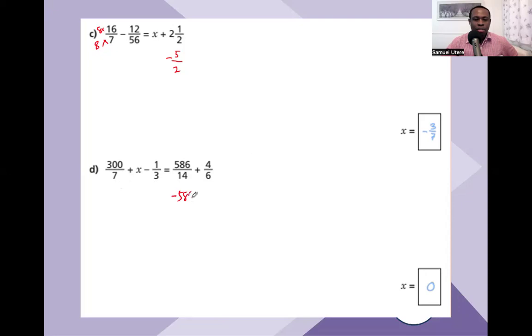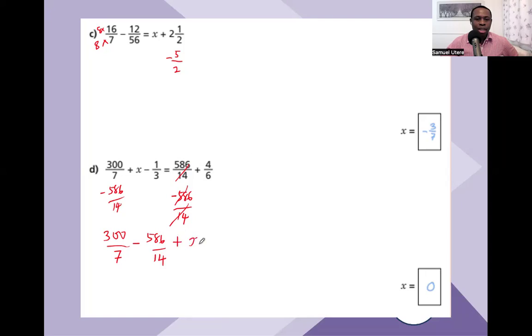So I will subtract 586/14 from both sides. So that gets rid of that one there. So I'll have 300. Remember, I have to subtract it from both sides. So I'll have 300/7 minus 586/14. So I'm rearranging it now.